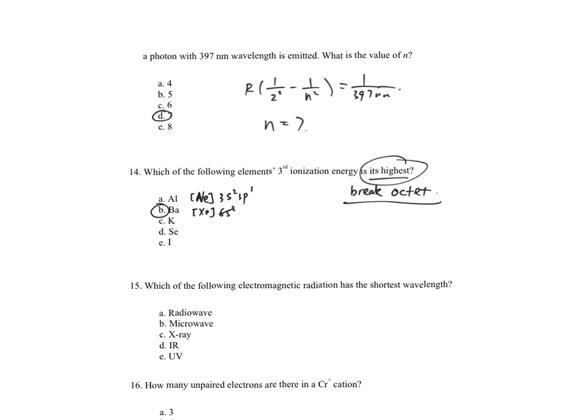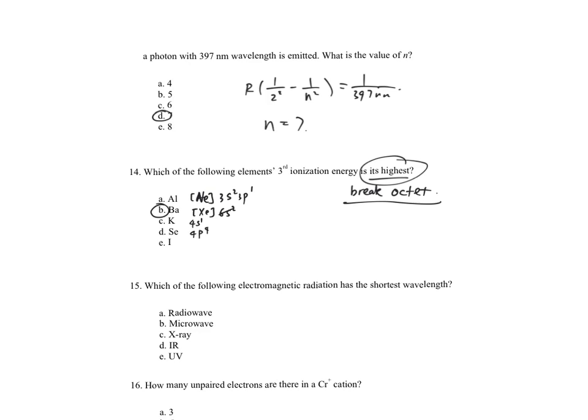Now, potassium is in group 1A, so it ends up with 4s1, you lose 1, and the second one is going to fight you. By the time you get to the third one, it's not going to fight you as much. He already doesn't have an octet anymore. Now, selenium is 4p4.